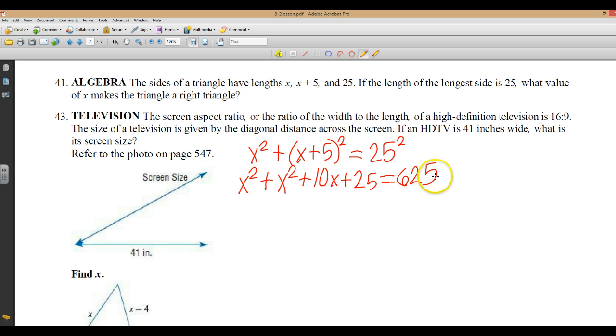Since we have a quadratic, we want to move everything over to one side to get it into standard form. So subtract 625 from 25, so that would be minus 600. We can simplify by dividing all terms by 2.